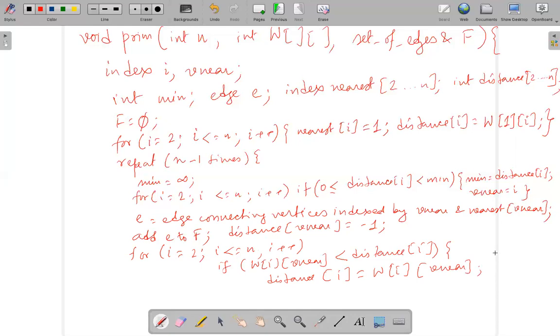So it was earlier some weight that was distance i. Now it has been updated with w[i][vnear] if w[i][vnear] is less than distance i, and nearest i, this is where you are placing the new vertex into Y. The nearest i is set to vnear.